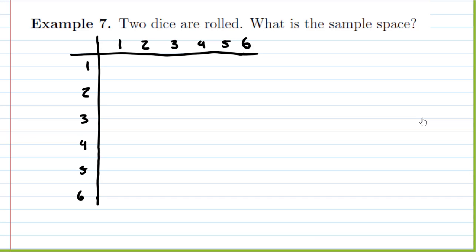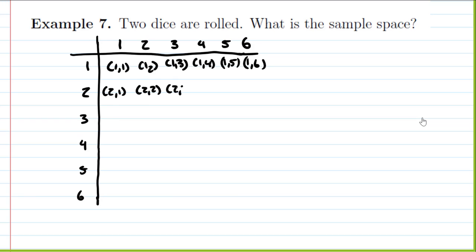So that means here I'm going to have 1, 1, 1, 2, 1, 3, 1, 4, 1, 5, and 1, 6 are my possibilities. Next, I'm going to have 2, 1, 2, 2, 2, 3, 2, 4, 2, 5, and 2, 6.